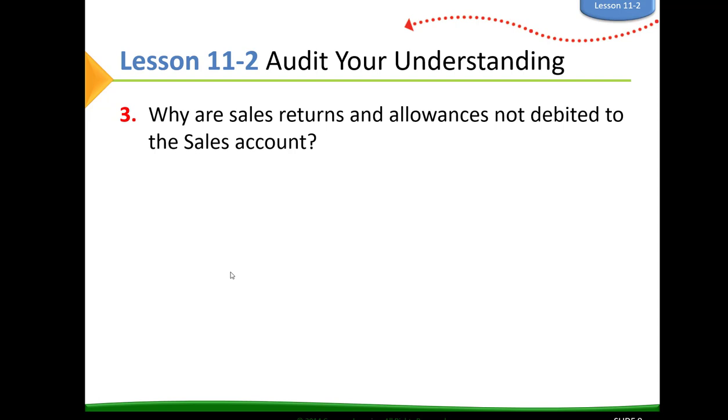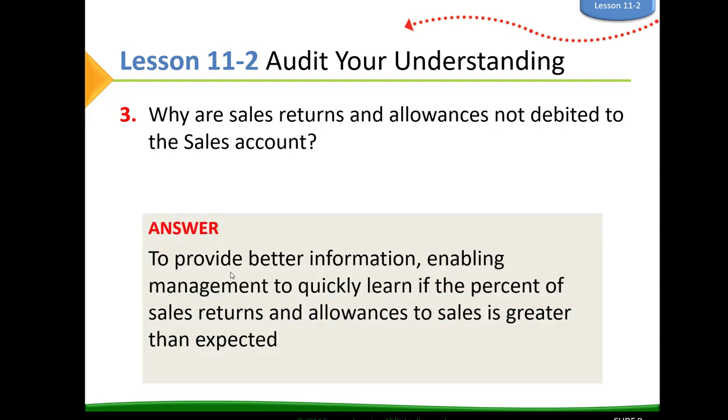And sales returns and allowances are not debited to the sales account. It's to provide better information, enabling management to quickly learn if the percent of sales returns and allowances is greater than expected. We want to monitor how many sales returns and allowances we have to make sure we are best servicing our inventory.